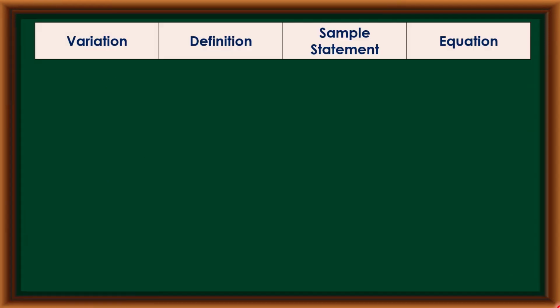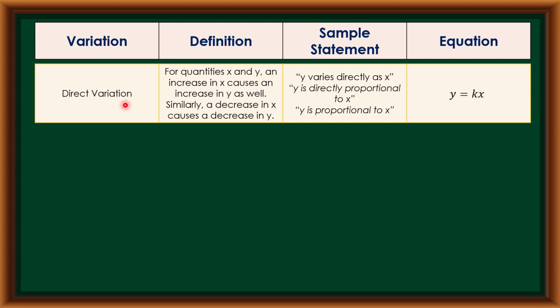So I have here the different variations, the definition of each variation, a sample statement, and the equation for the given variation. Let's start with our first topic, direct variation. Direct variation means for any quantities x and y, an increase in x causes an increase in y as well.